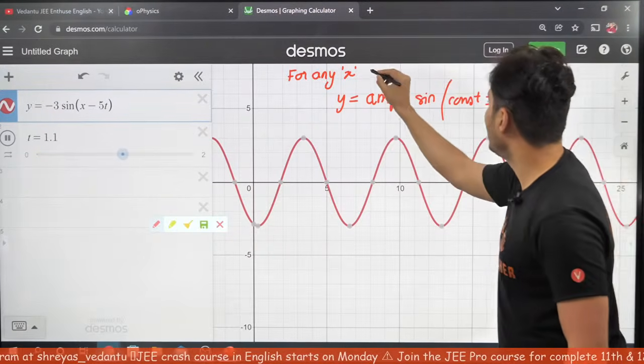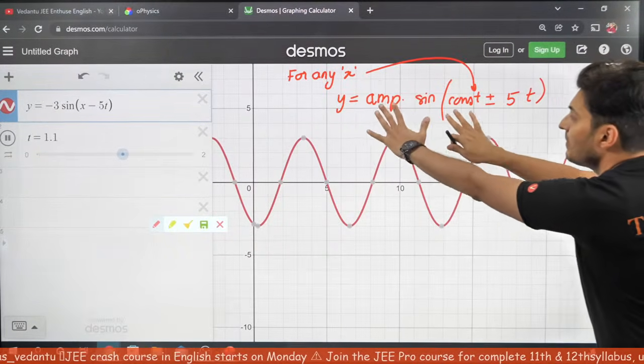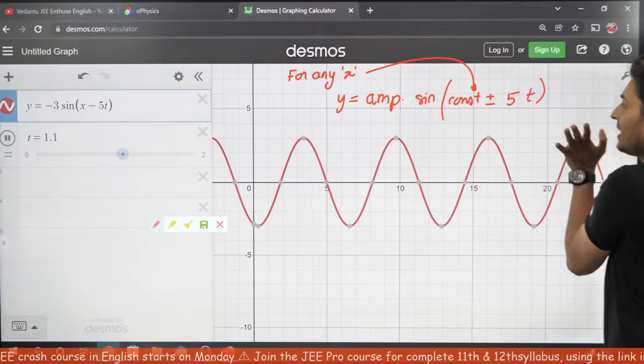So for any given value of x, I'm getting y is some amplitude sine of some constant plus minus 5t.